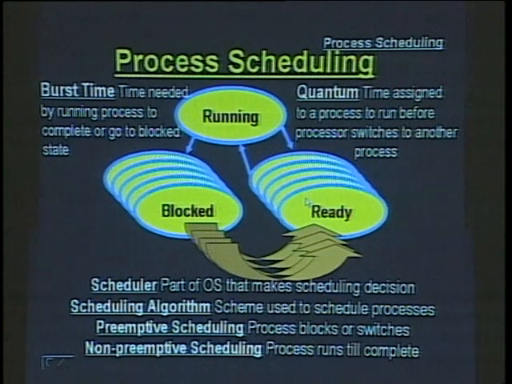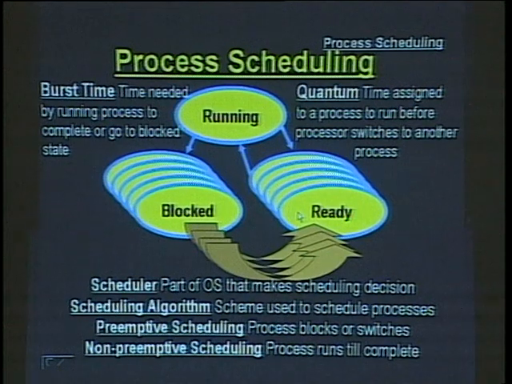This diagram is only different in that we have shown more blocked processes and more ready processes, and we have only one running process, because we learned previously that at any given time only one process could be running. From the running state, the process can go either to a blocked state, if some external variable has to influence that, or to a ready state.